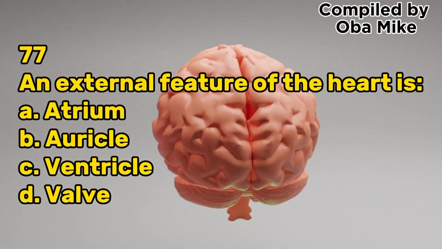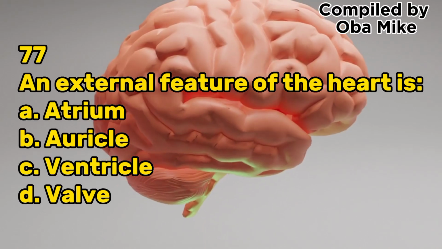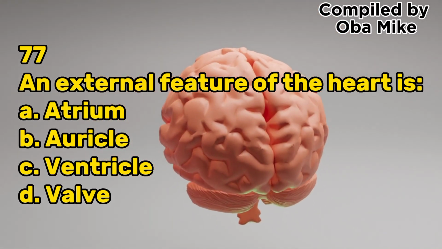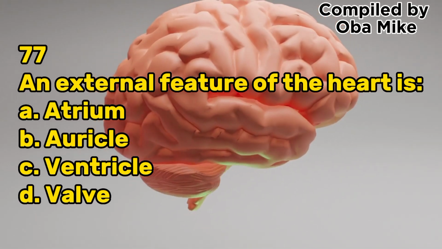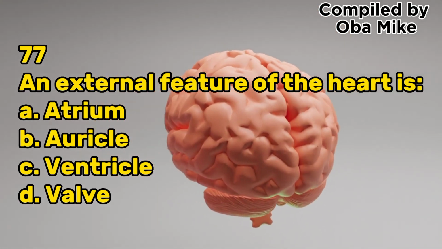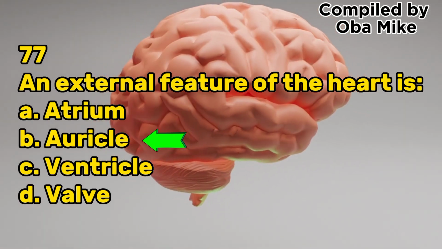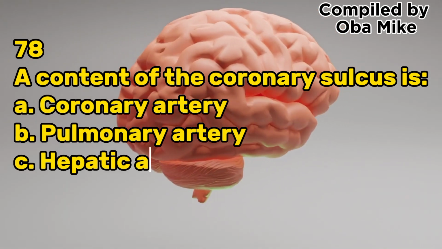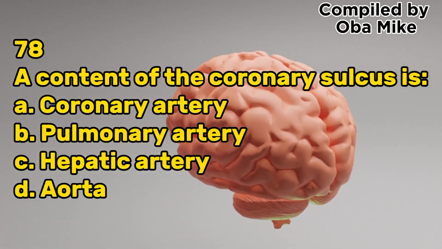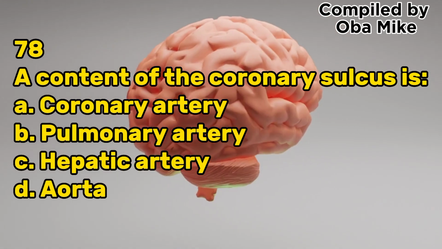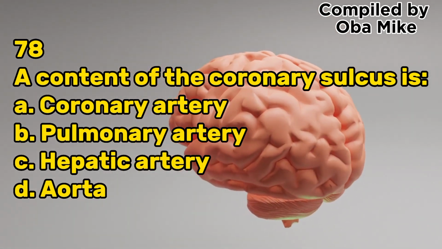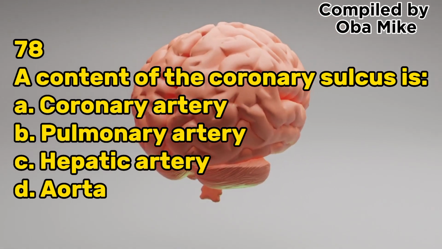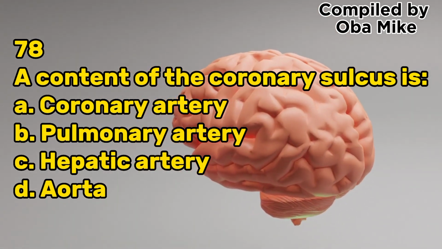An external feature of the heart is A. Atrium, B. Auricle, C. Ventricle, D. Valve. 78. A content of the coronary sulcus is A. Coronary artery, B. Pulmonary artery, C. Hepatic artery, D. Aorta.